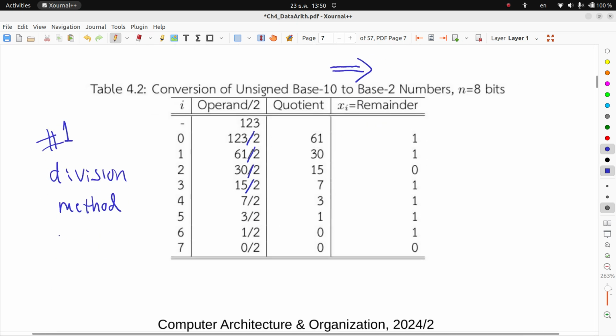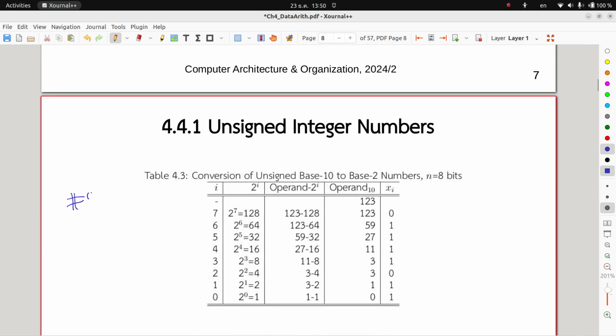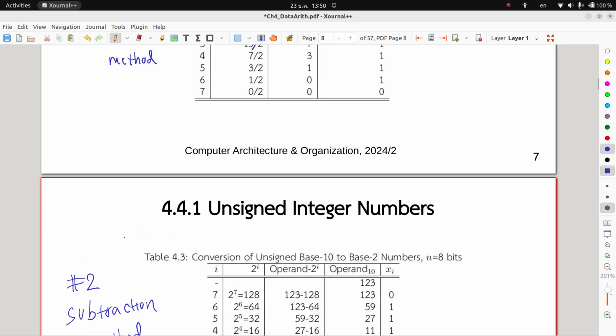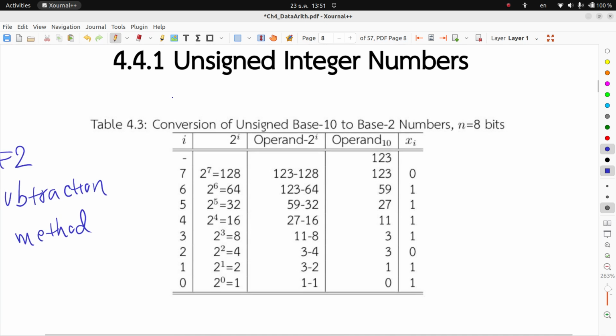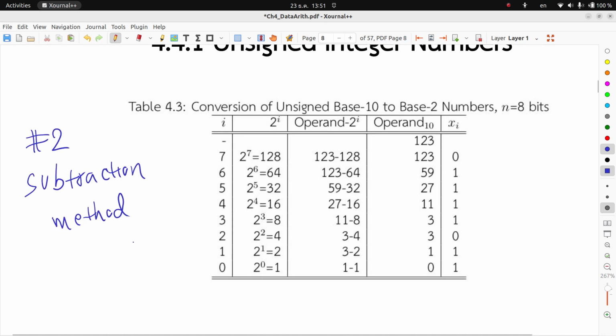Okay? Method number 2 is on the next slide. It's called subtraction method. Ready? Division method is so easy. You already learned. How about subtraction method? You may not have learned. Okay? Let me explain the second method.